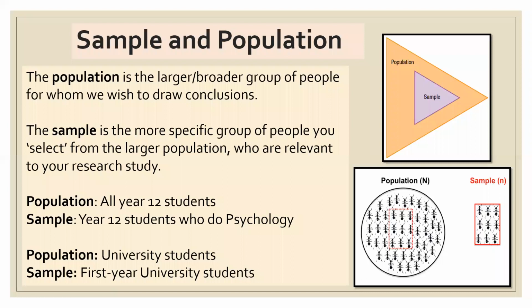That's why we always take the sample out of the population, because whatever results we get for the sample, we can then relate back to the broader population. So that's basically what the sample and the population are in terms of research in psychology.